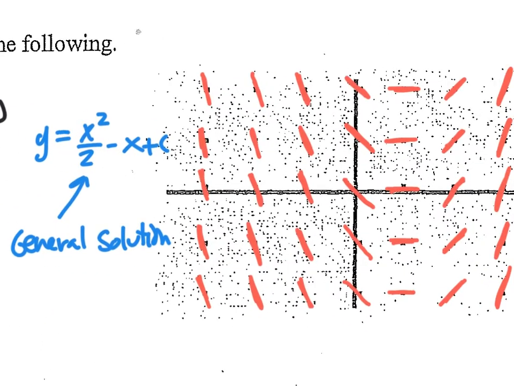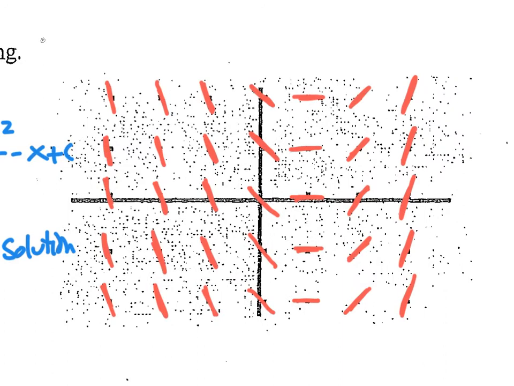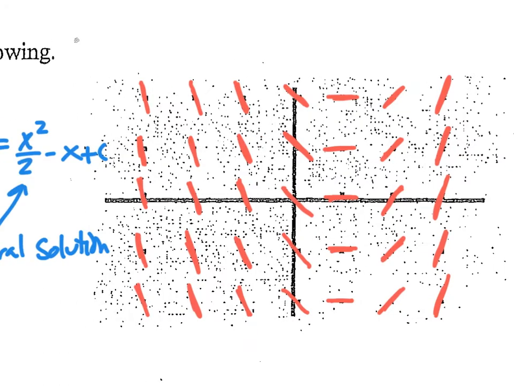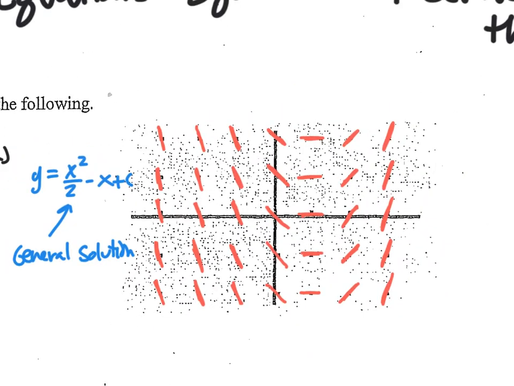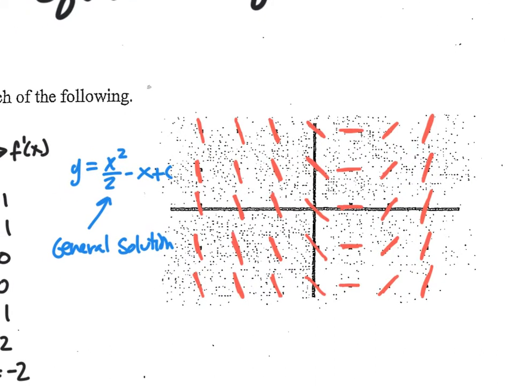The thing that I want you guys to see here is that when I have this slope field, this looks like the parabola x squared over 2 minus x. Now, we strictly depend on some initial condition on this graph to help us decide where this line goes. Let's just say, for example, that we have the initial condition, the point (1, 0).